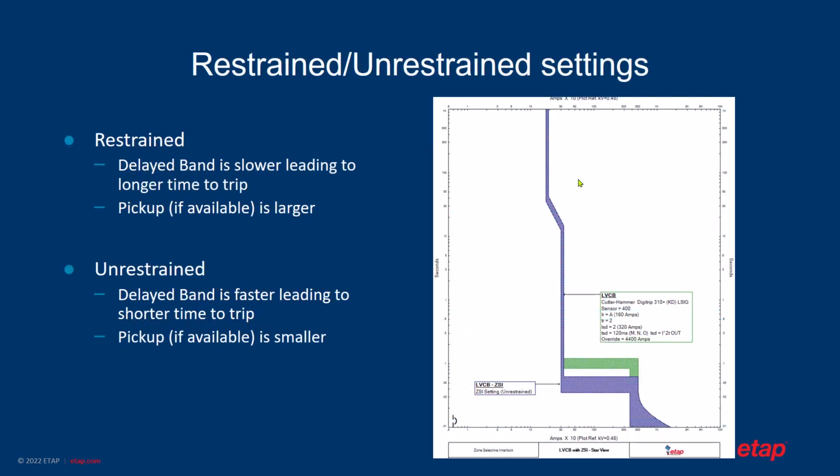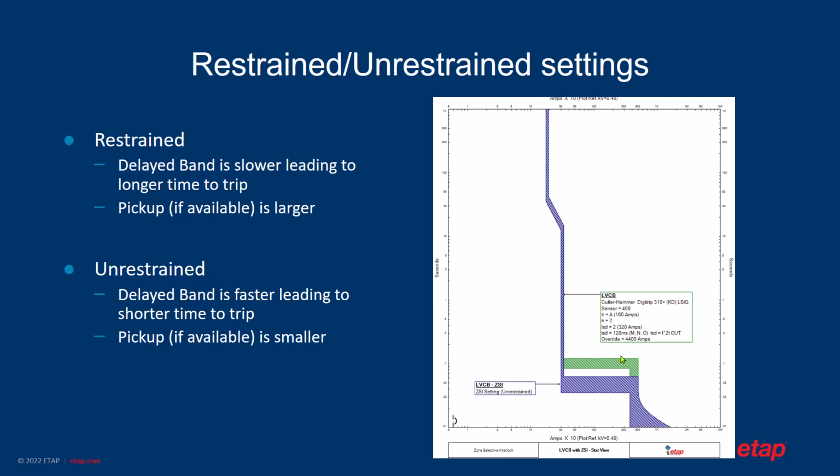Let's take a look at restrained and unrestrained settings. In this STAR view plotted on the right, we have 2 curves, the green curve and the blue curve. The green curve is plotted using the restraint settings. There's a delay band here, which is slower than the blue one, leading to a longer time to trip.